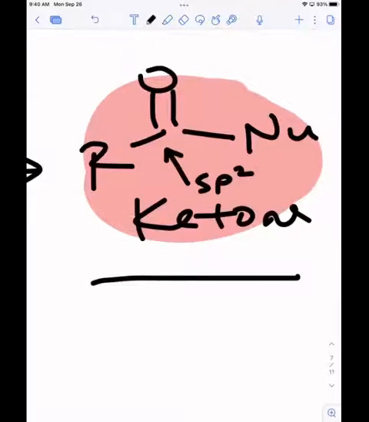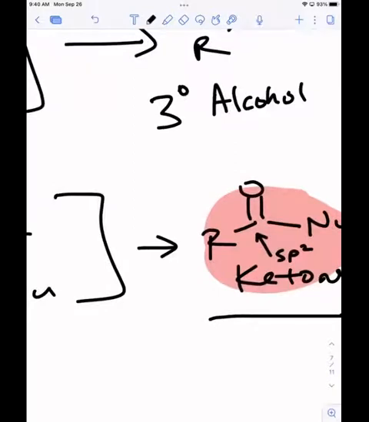So it can only have 2 groups attached to it anyway. So all carbonyls are sp2. They're all going to have the same basic trigonal structure, where you have a group here, a group here, and a group here. That's a good question, though.